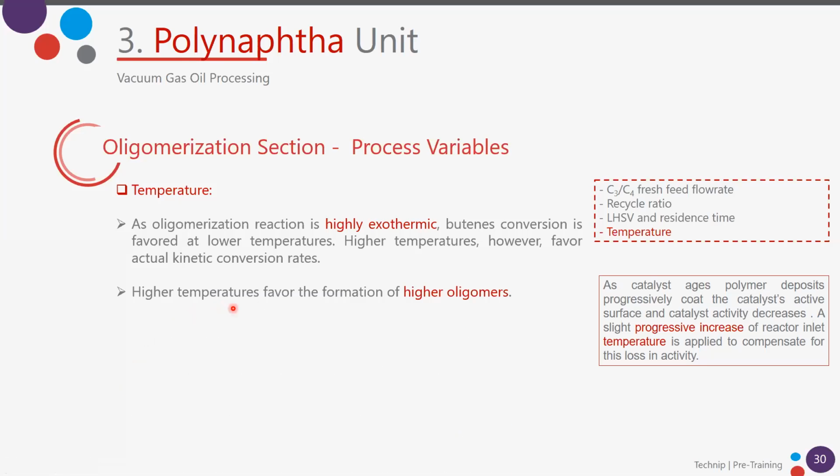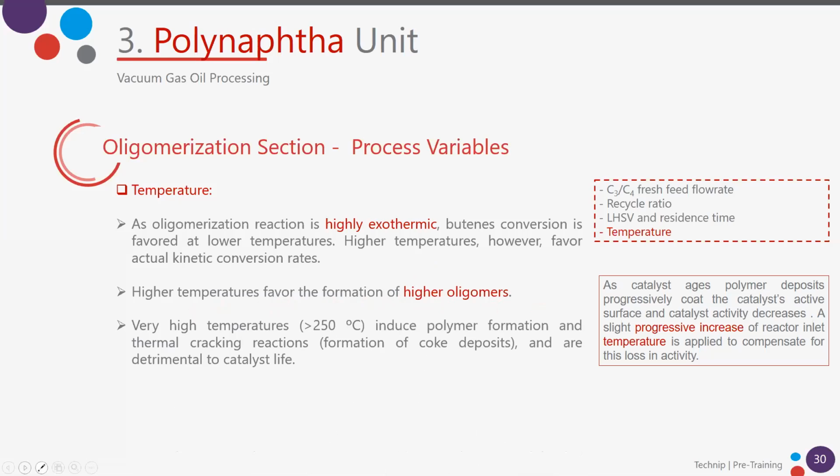The higher temperatures favor the formation of higher oligomers. Very high temperatures induce polymer formation and thermal cracking reactions, and then you will have coke deposits that, of course, are detrimental to catalyst life.